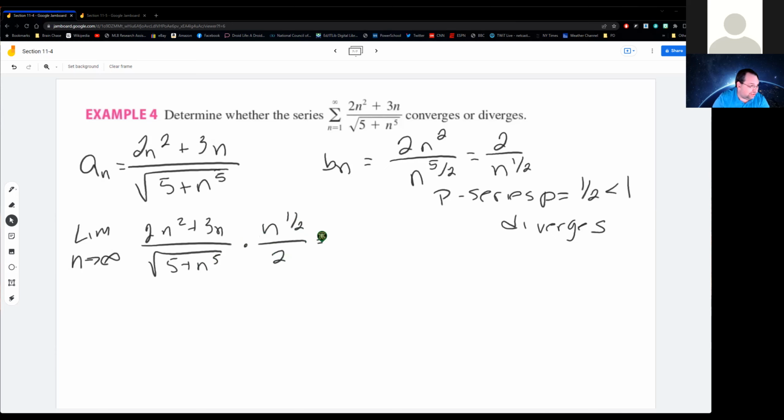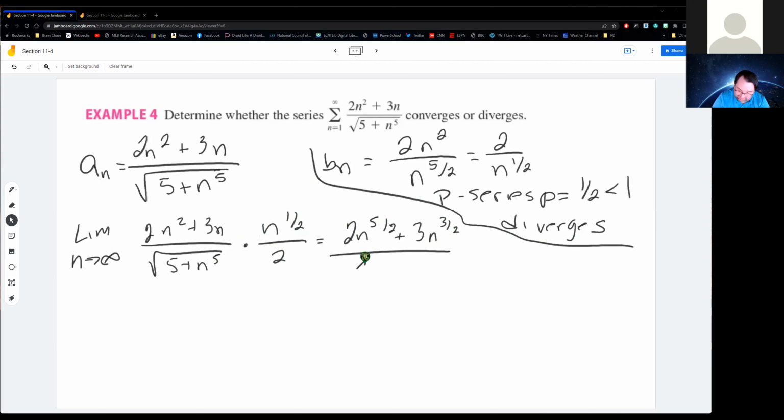So I've got 2n to the 5 halves plus 3n to the 3 halves over 2 square root of 5 plus n to the 5th.